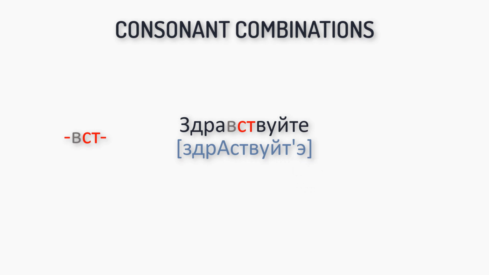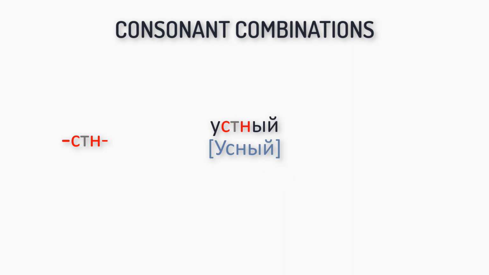Russian consonants have another important feature that you need to learn in order to make your pronunciation more authentic and sound more natural. In these consonant combinations, we omit the pronunciation of one of the consonant sounds. For example, Здравствуйте, здравствуйте. As you can see, we do not pronounce the letter V here.